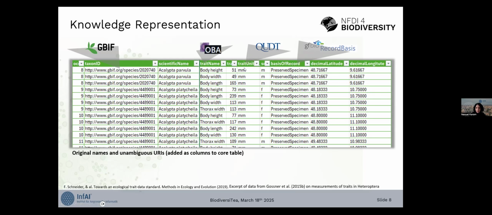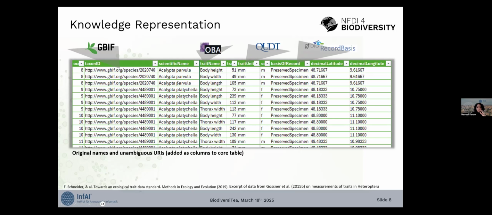We could have standard names for trait units from the quantity and units ontology, and we could have, for instance, for basis of record, URIs from the GFBio record basis ontology.